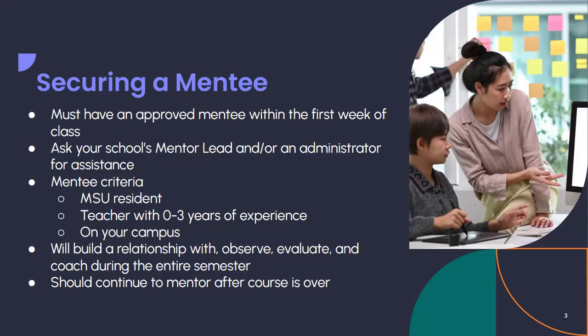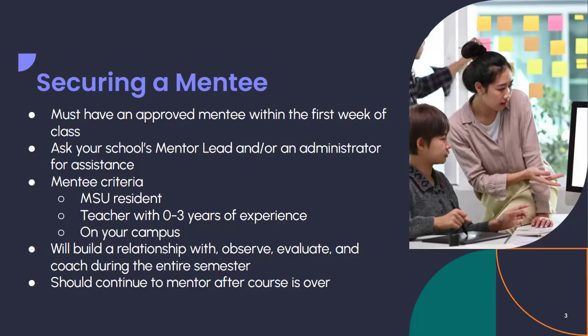If you exhaust these 3 and you still cannot find someone, you need to go to your mentor lead or your administrator and say, please help me think. On our campus, is there someone who's recently transferred from another district? Maybe they've been teaching for 5 or 6 years, but they're new to the district. That's not ideal, but it would work, okay?